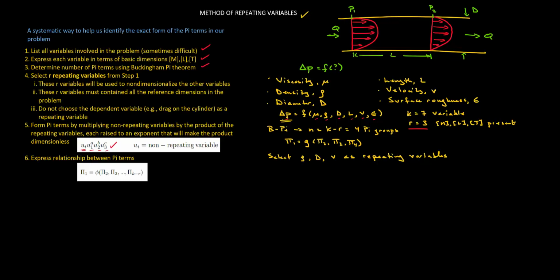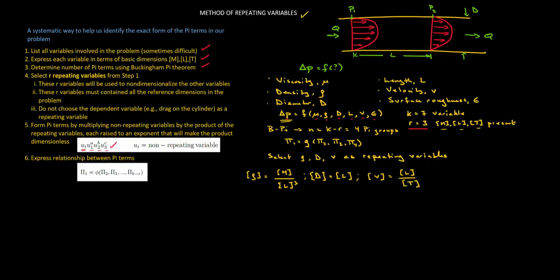And we need to check that these contain all of the reference dimensions. So here we have m, l, and t that appear in the 7 variables together. So let's check. The density is mass over length to the power of 3. The diameter has units of length. And the velocity, v, has dimensions of length over time.